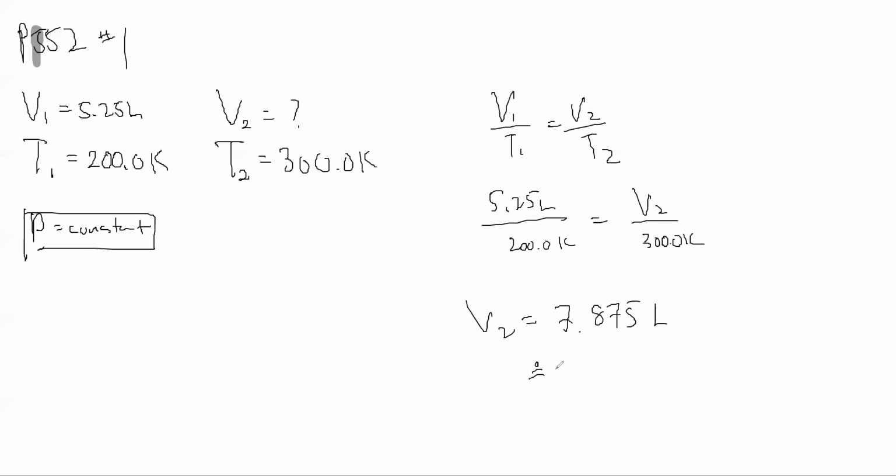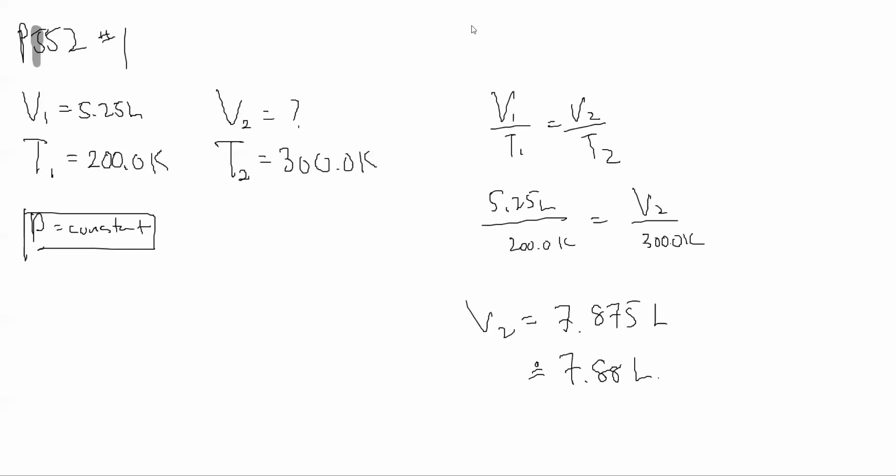And that is going to be in 3 sig figs. So 7.88 liters is your answer. It's as simple as that. But of course, you might want some more practice. Clearing again.